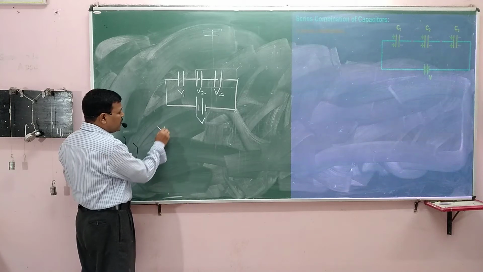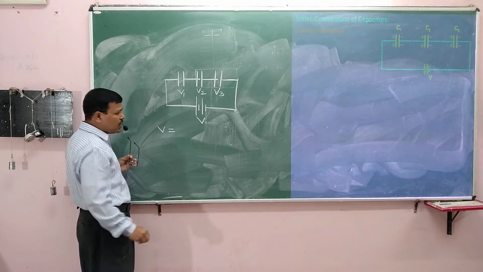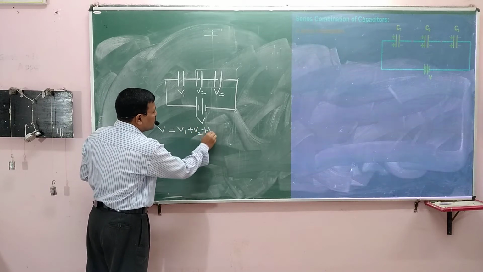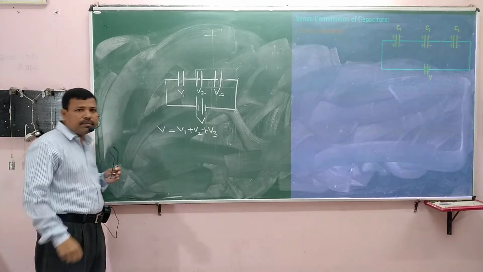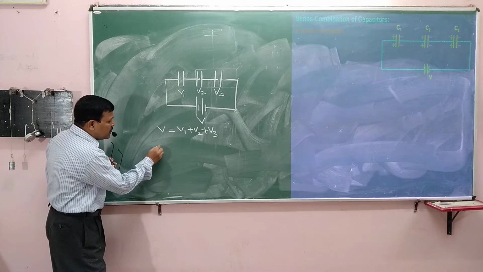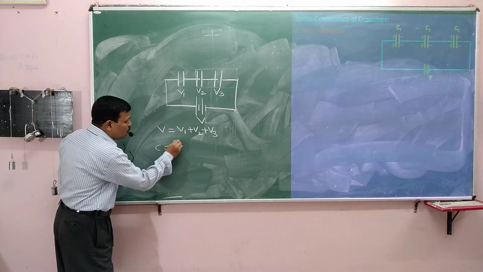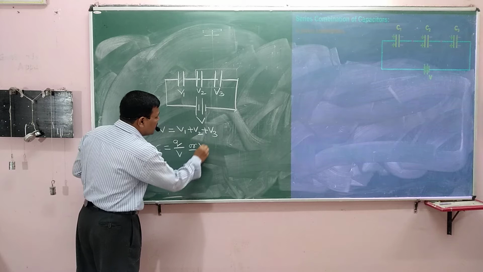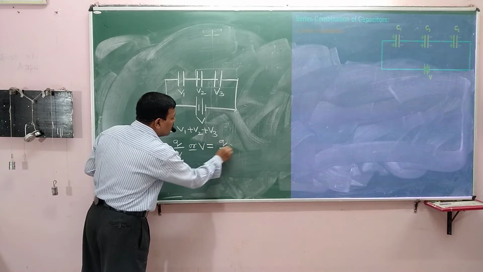So, the net potential difference V is equal to V1 plus V2 plus V3. As we know that C is equal to Q upon V, or V is equal to Q upon C.